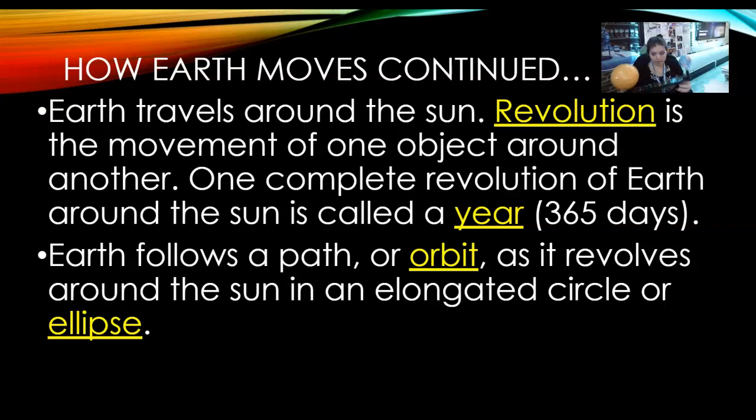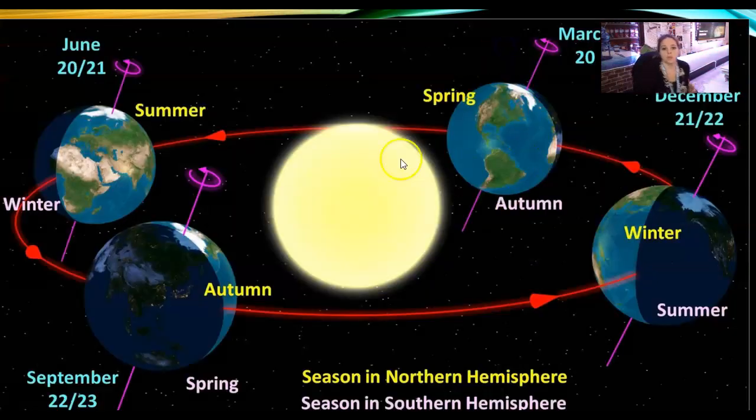No, it's not. It is not a full circle, not a perfect circle. It is actually something called an ellipse. An ellipse is an elongated circle, or think of an oval. It's a flattened circle, and this is Earth's revolution around the sun.